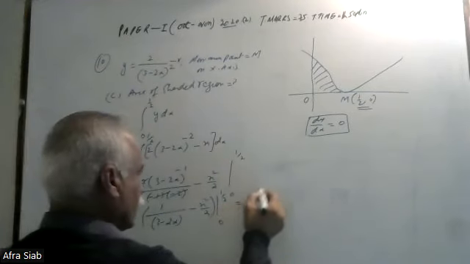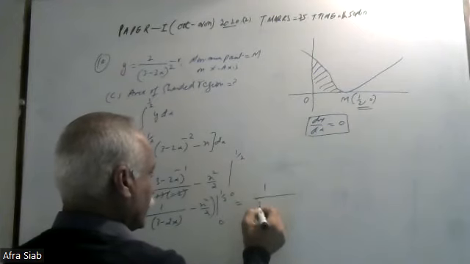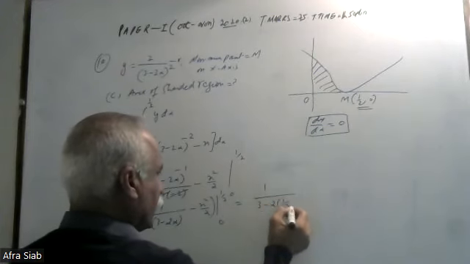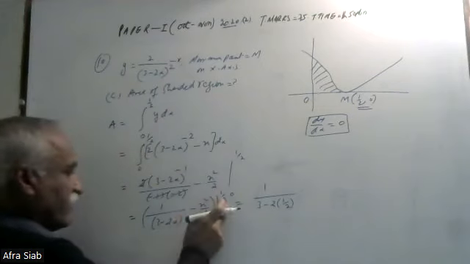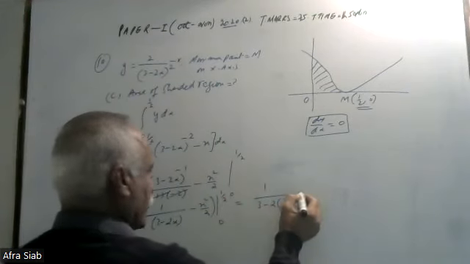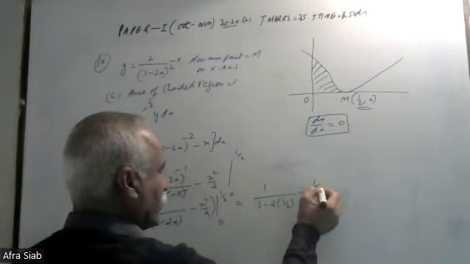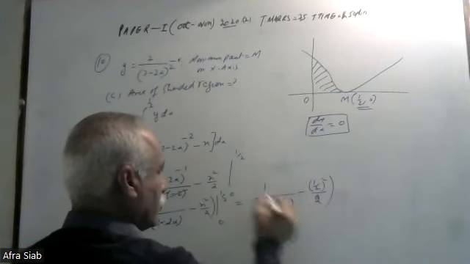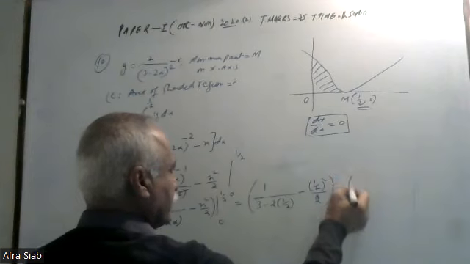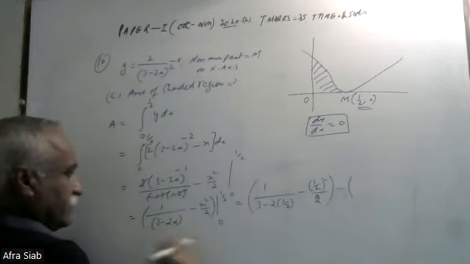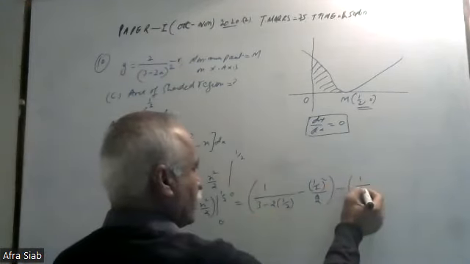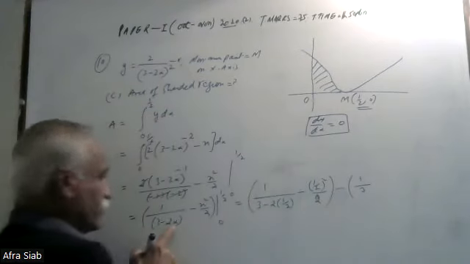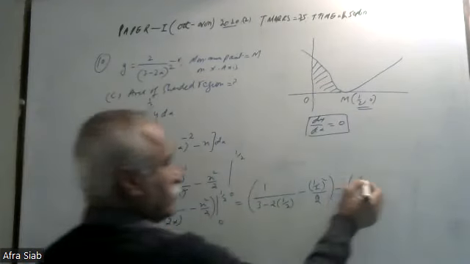That is equal to 1 over (3 − 2 into 1/2) minus (1/2) squared divided by 2, minus, putting 0 in it, 1 over (3 − 2 into 0), where this is 0.